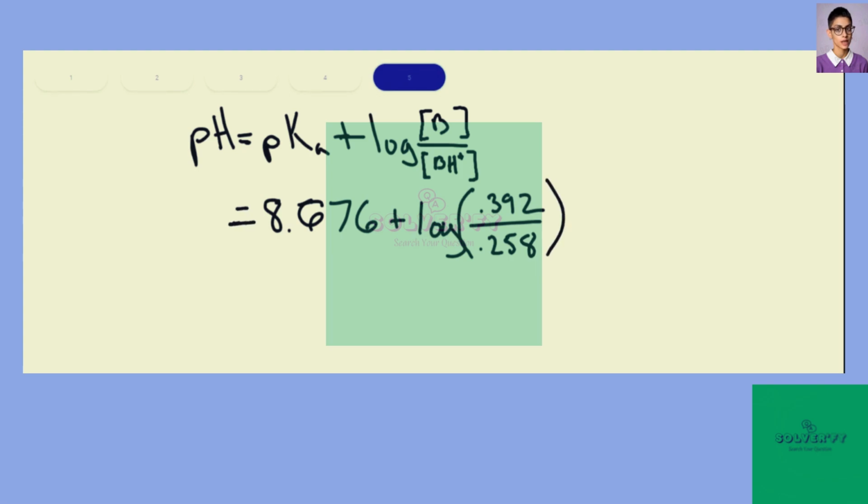And we just plug that into our calculator, and we find that the pH after this is 8.86. And that's the answer to the question.